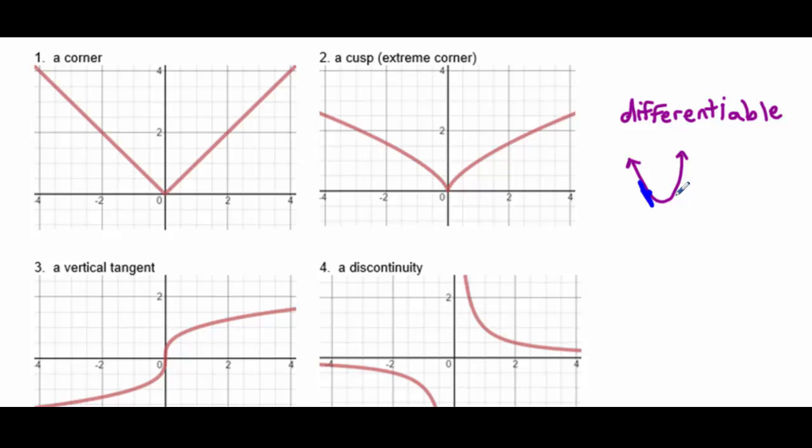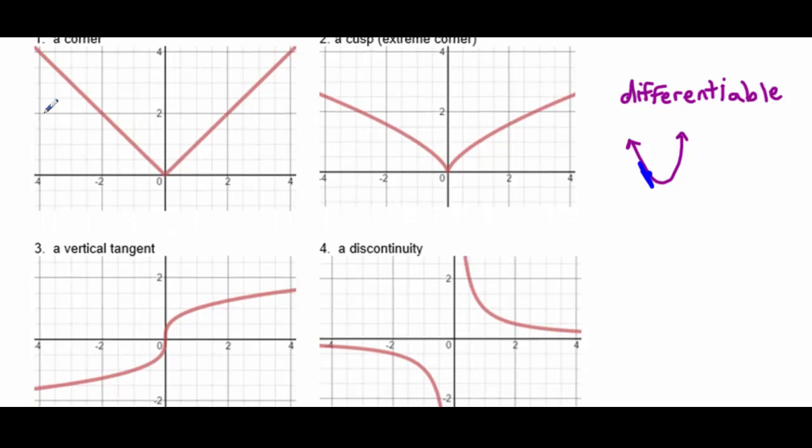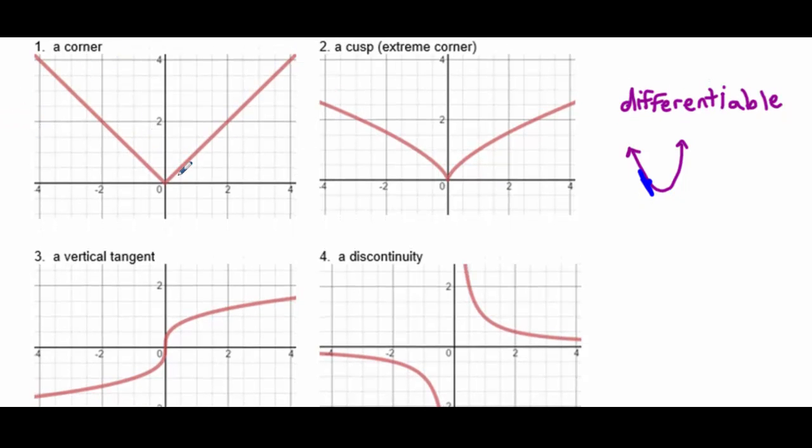There's 4 times that we absolutely can't take the derivative of something. So that means it's not differentiable. And that happens in these 4 cases that I have visualized here. So the first one is a corner. This is an absolute value graph. Here at this spot in the middle, the problem is that the slope of this would not be like a horizontal line, because on the left side of this, as we get close to 0, we're at like a -1 for a slope.